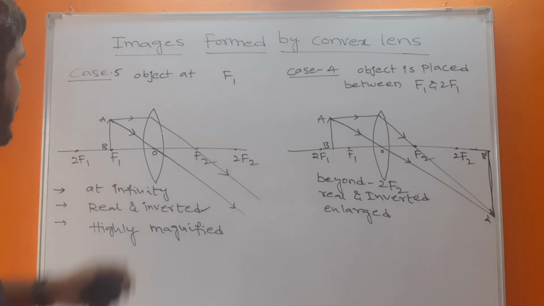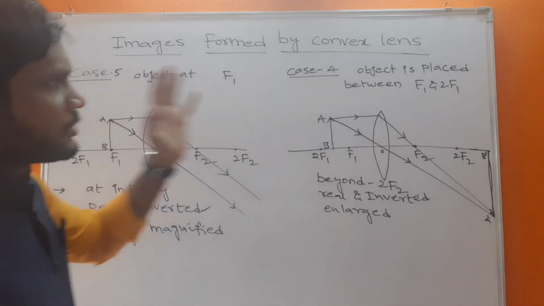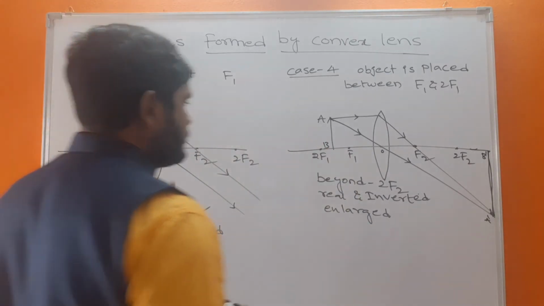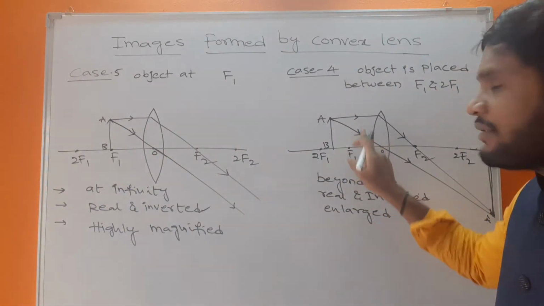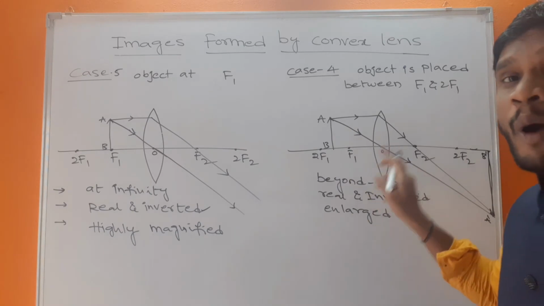So in case 5, we place the object at f1. So now let's move on to case 6. In case 6, we place the object between F1 and O, meaning the optic center.